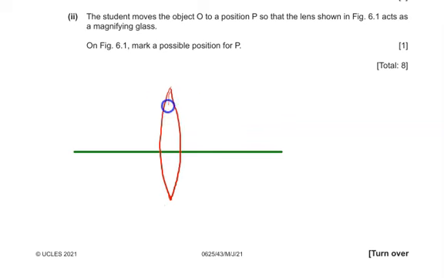So let's say I just put an example of this is the focus, principal focus, and the image is here. I'm going to use the first ray, which is going straight and going down.